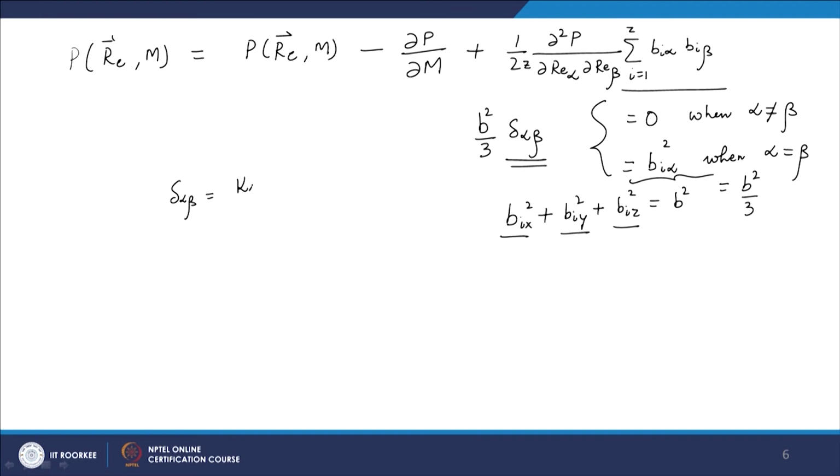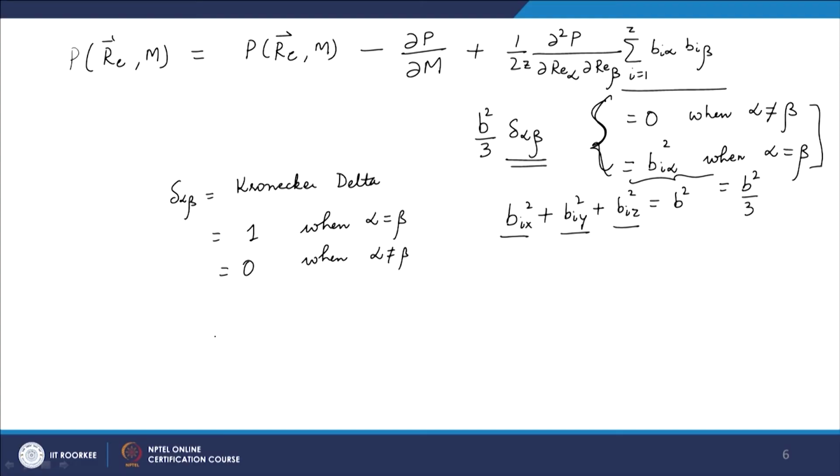It is called the Kronecker delta, and it is equal to 1 when alpha is equal to beta and equal to 0 when alpha is not equal to beta. And of course, you can see here this is what we have written in this particular case.